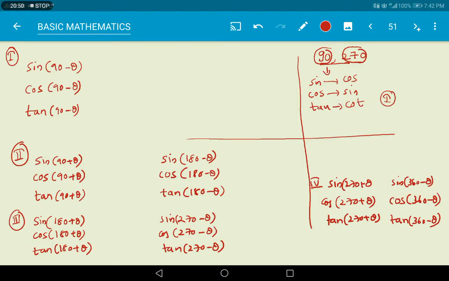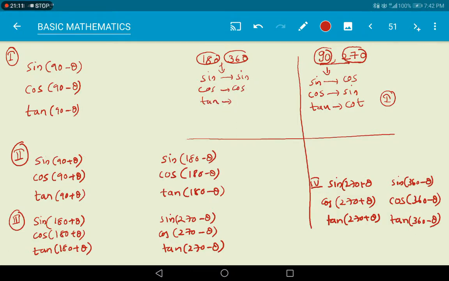And for 180 and 360, the function values never change. Sine, we can write sine as it is, cos only, tan itself.